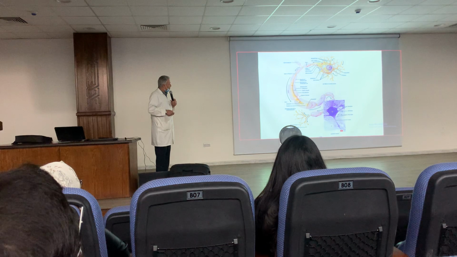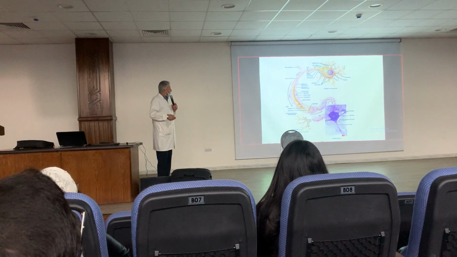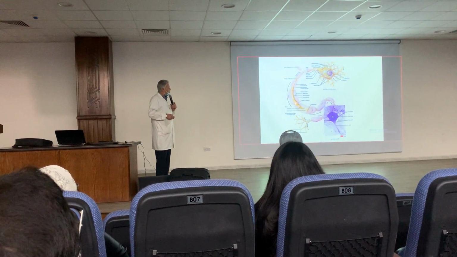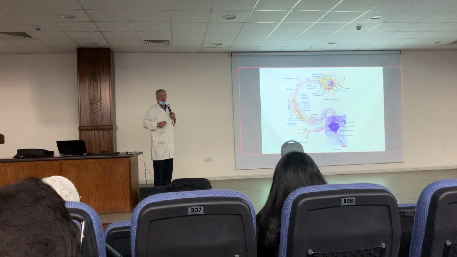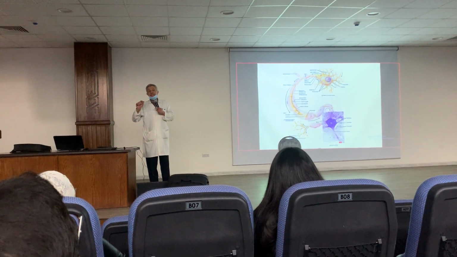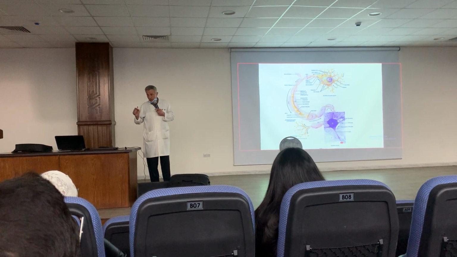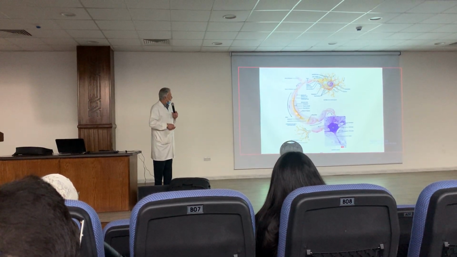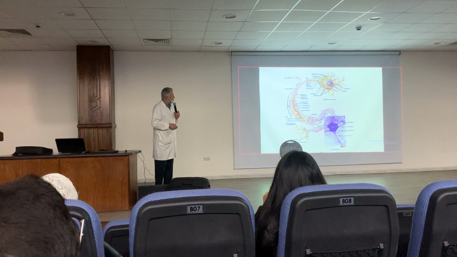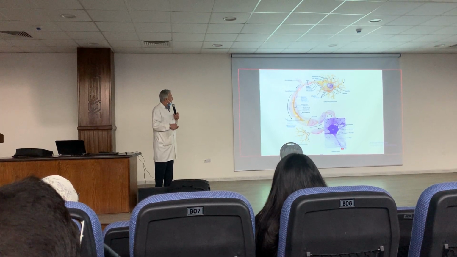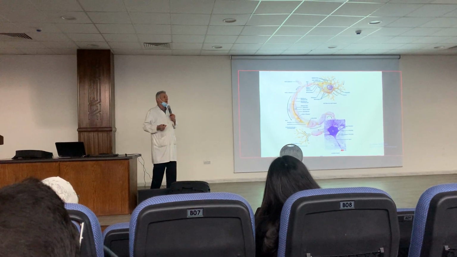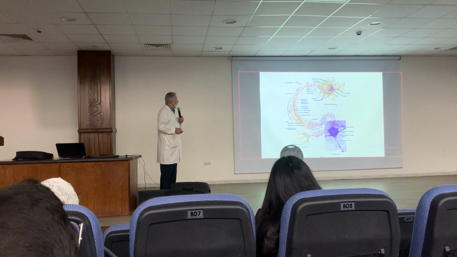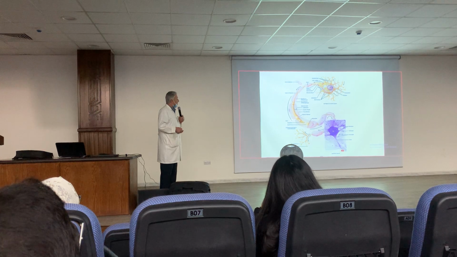We are having a small space here between these sheets, okay, where the membrane of axon is exposed to extracellular fluid. And these parts which are exposed to extracellular fluid are called nodes of Ranvier. You will know what's the importance of having these nodes of Ranvier.